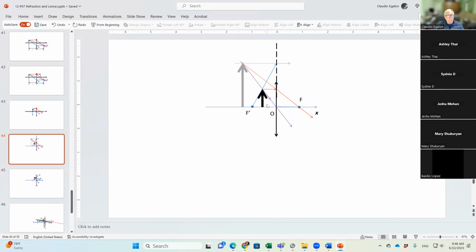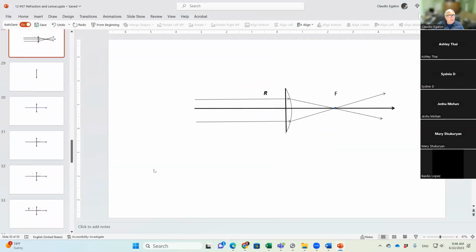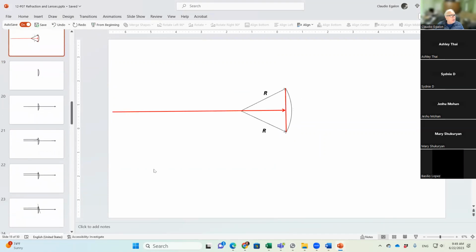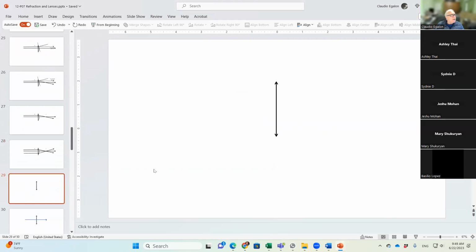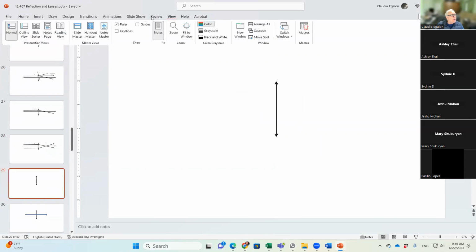For a mirror, the virtual image is behind the mirror. Do you remember that? Let me put them side by side so you can compare them better. Oh, it's not here. Should be in the other one. Let me get view here.